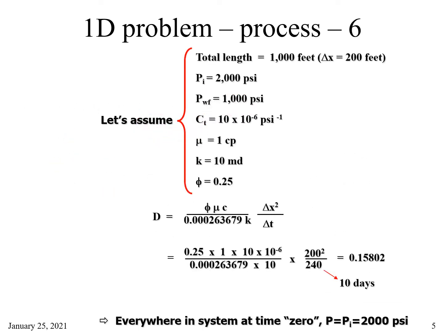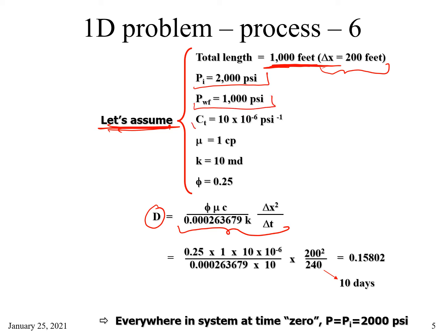And now, before going ahead to solve it, we want to estimate the D, which we had written in this form. So we need these parameters. So we assume these parameters. Total length of the domain is 1000. We already talked about delta X being 200 feet. This is the initial pressure, flowing bottom hole pressure, total compressibility.